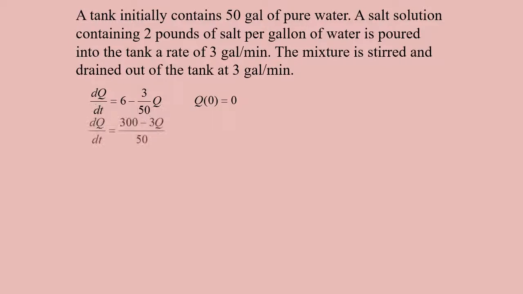So doing a little bit of algebra on the right side of the differential equation, we can see now that in this differential equation, the 300 minus 3Q would be equal to 0 when Q is equal to 100. Now, we referred to that earlier by the name constant solution. We also used another name for that, which hopefully makes sense to you in this particular context, and that is equilibrium solution.